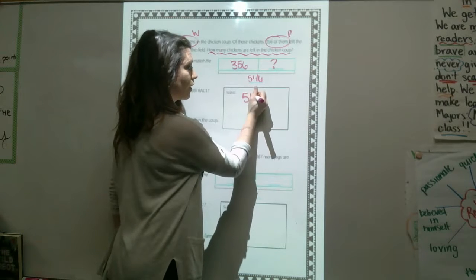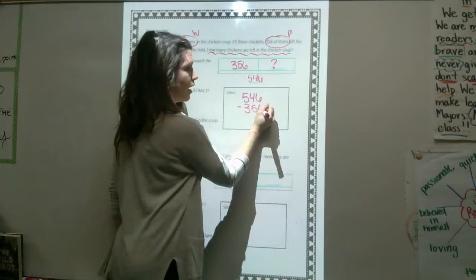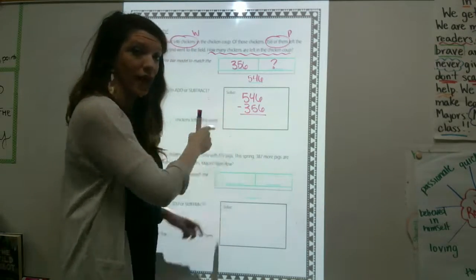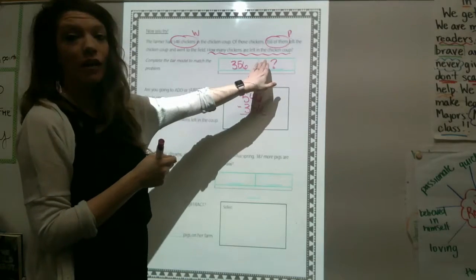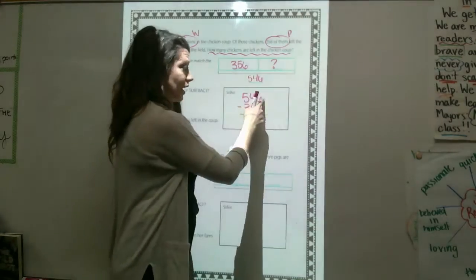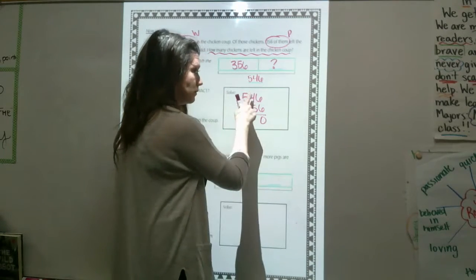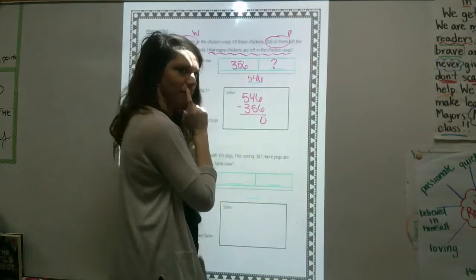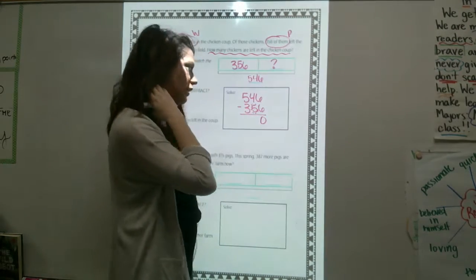So let's go to our solve box. And we're going to start with our whole and subtract the part that we know. And then we should be left with the part that we're trying to figure out, which should answer our question. Can I do 6 minus 6? Yes, that's 0. 4 minus 5. I can't do that because my bigger number is on the bottom. 5 is greater than 4.